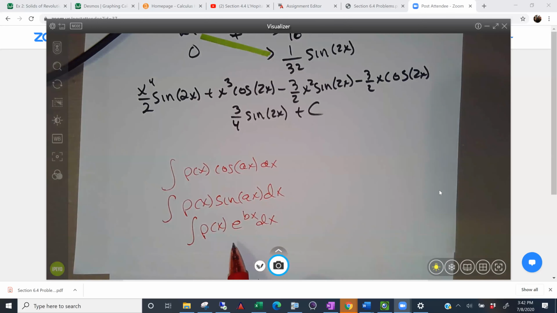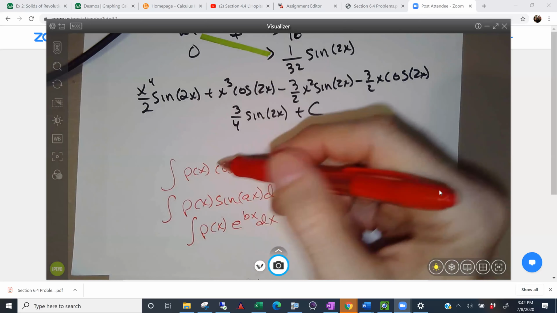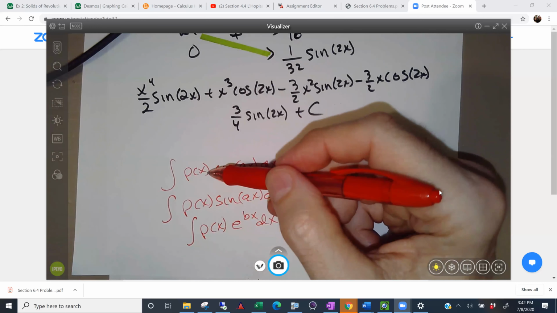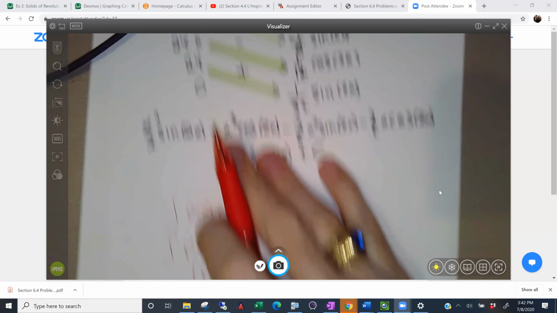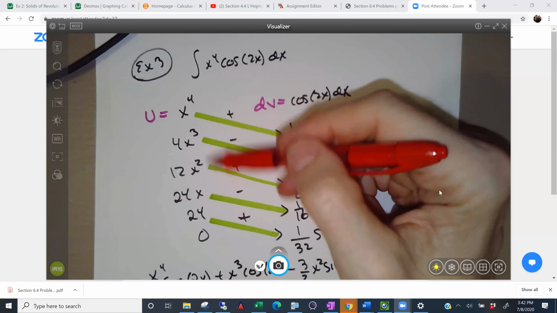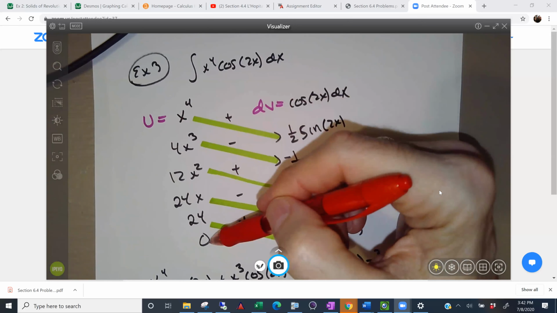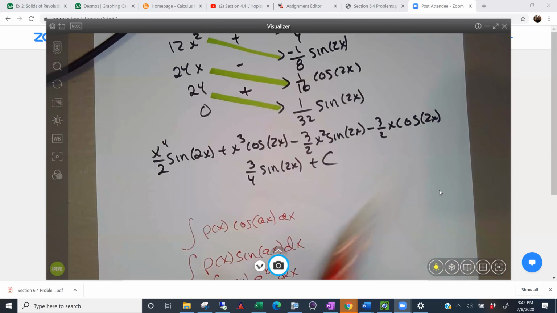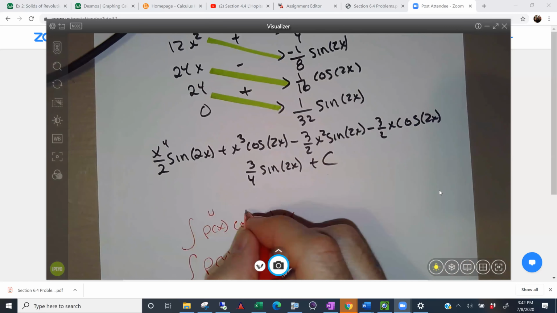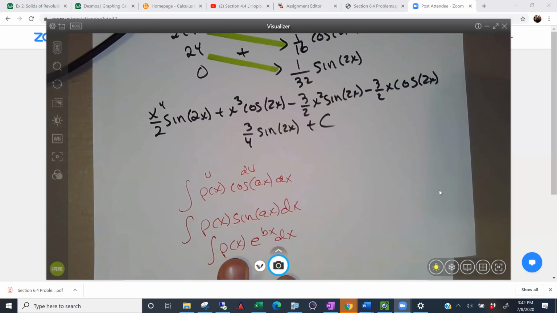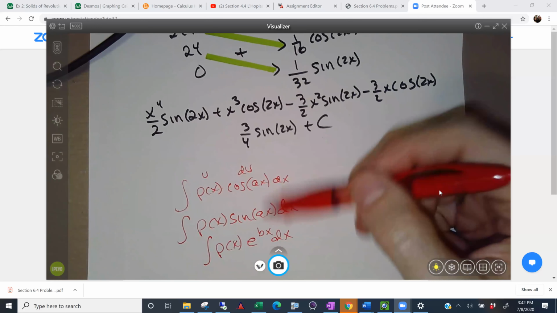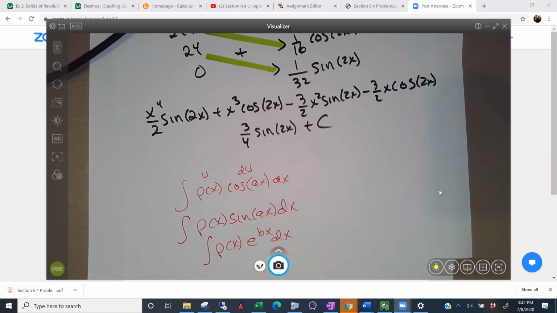So these would be good problems for the table method, where you've got a polynomial. And the thing about polynomials is that when you differentiate them enough, eventually you're going to get down to 0, like we did here. So it's going to disappear. So that's going to be your u part, and this is going to be your dv part in those types of problems. So these types of problems are beautiful for the table method.